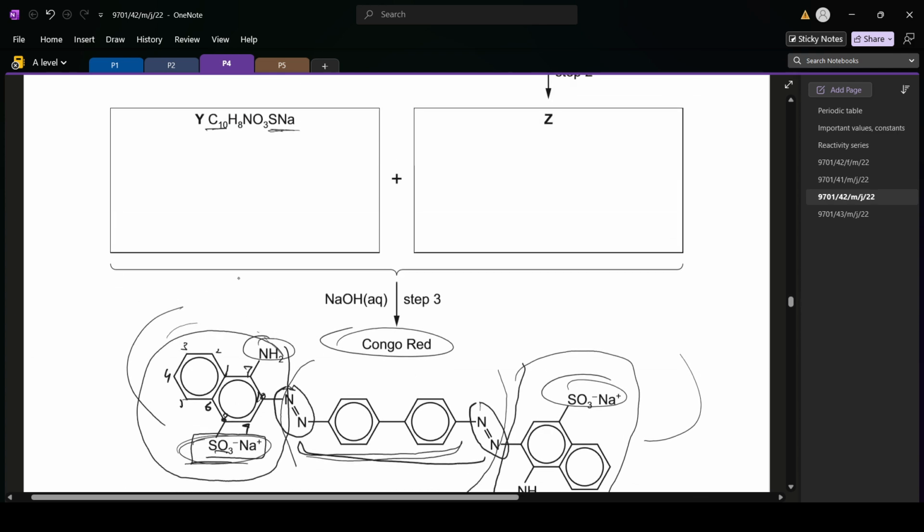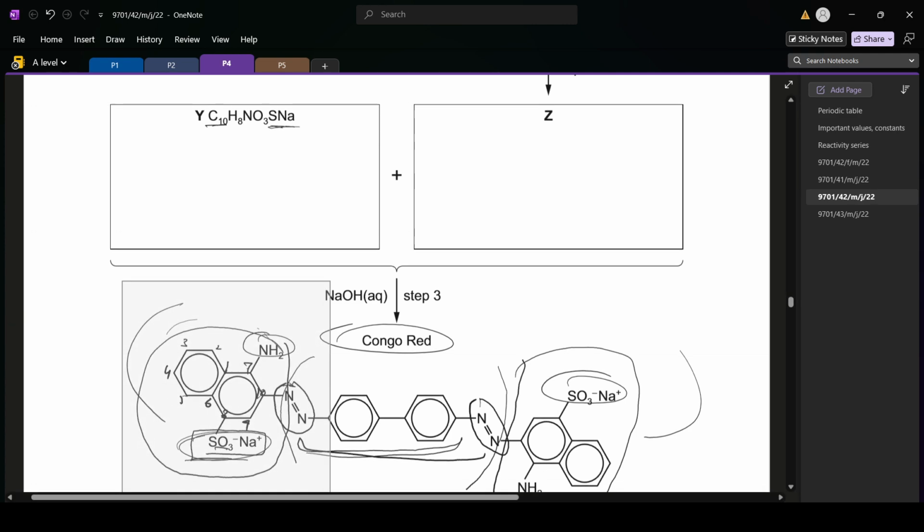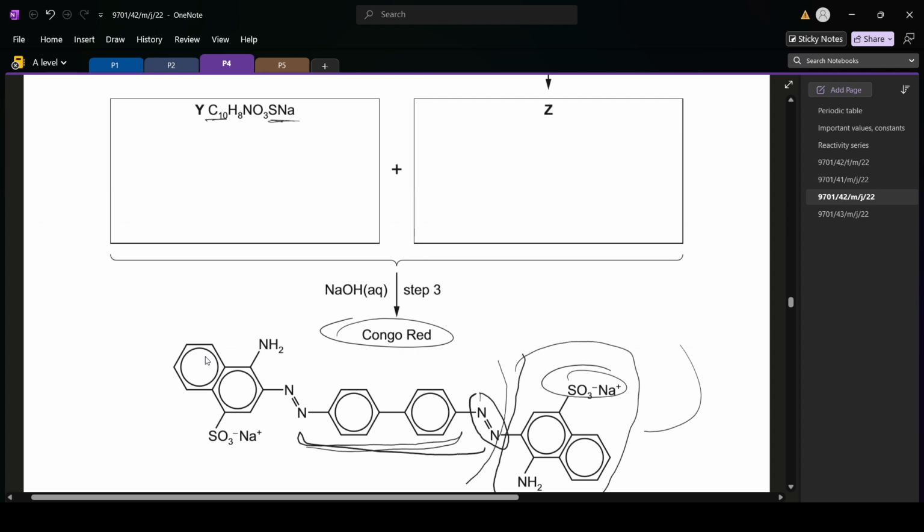So you have calculated the structure of Y. I'm just erasing it. So now you have the structure of Y, which is like this. This is your first ring, then here comes your second ring.